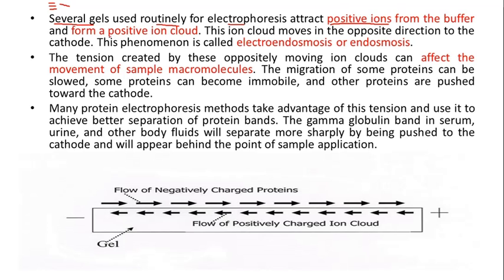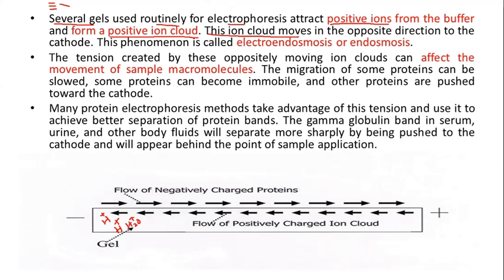These positive ions create positive ion clouds at the cathode side. At the cathode side, a number of H plus ions are produced from the hydrolysis of water molecules.